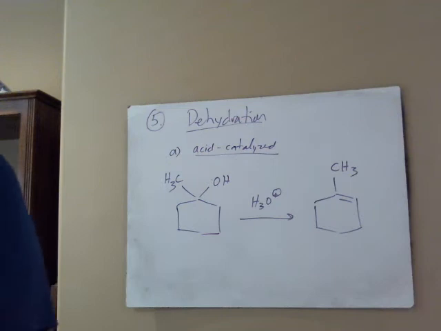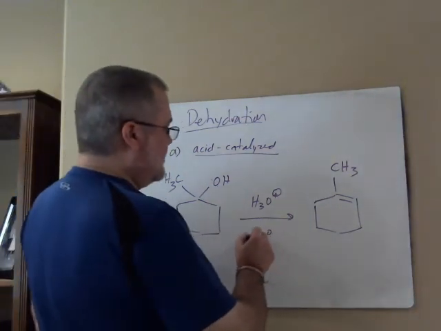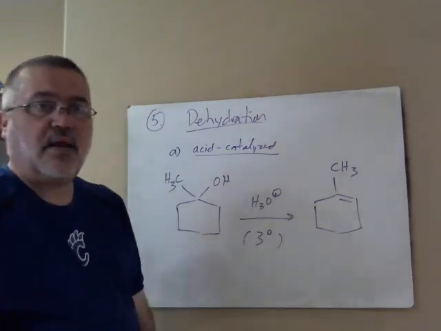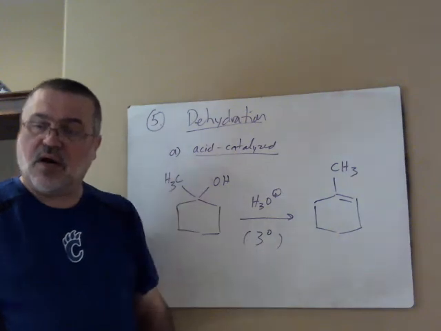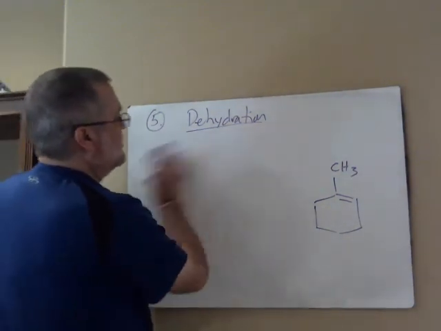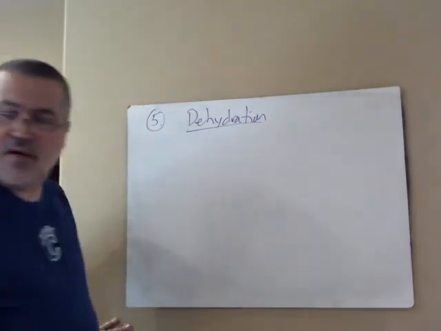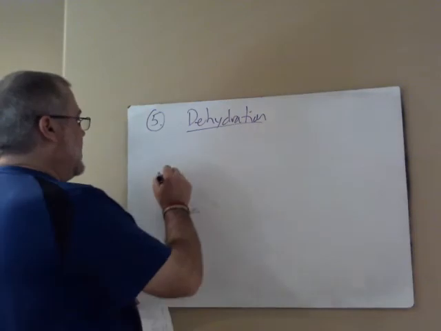Okay, and so this works really only for tertiary systems. And the reason for that is it goes through an E1 mechanism. And we remember that from last semester. E1, remember, is the elimination that looks very much like SN1.